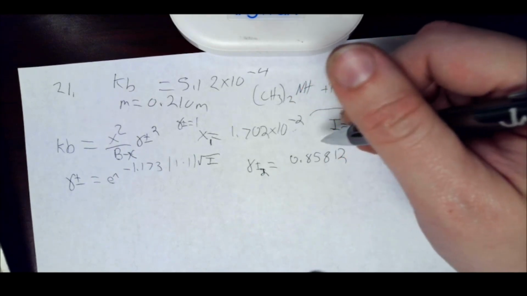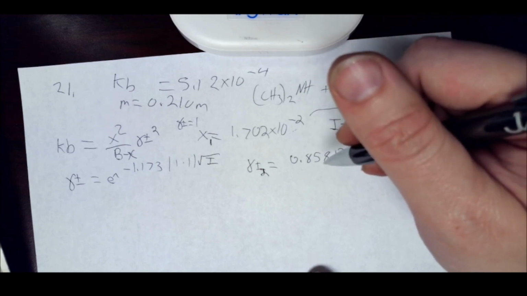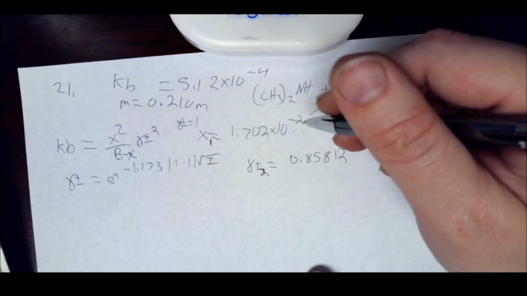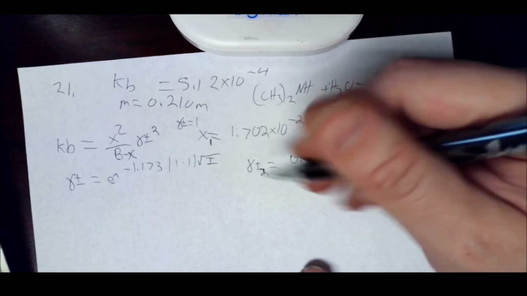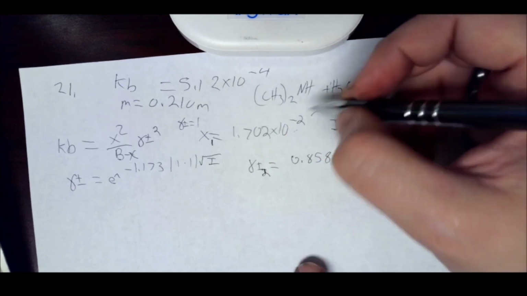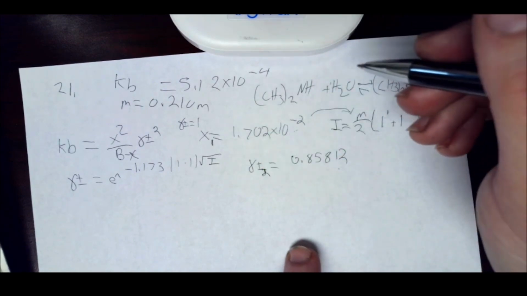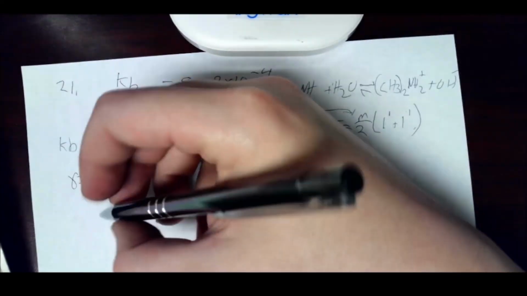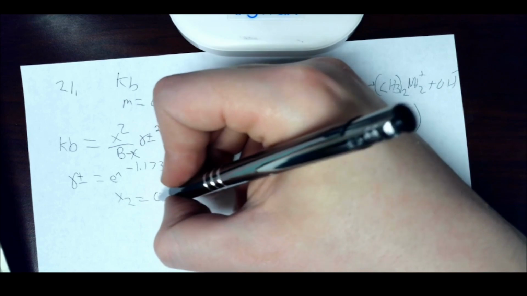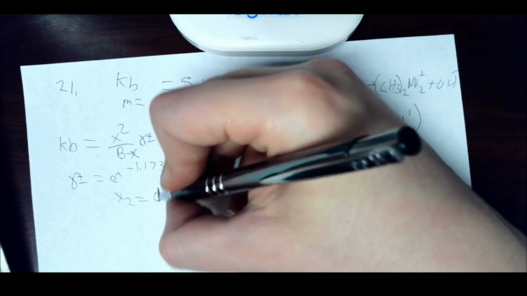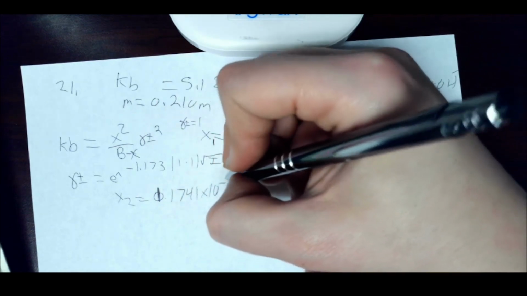Then we're going to use that to calculate our new x. Calculate our new x, run that through again. We get x at 2 to be 1.1741 times 10 to the negative second.